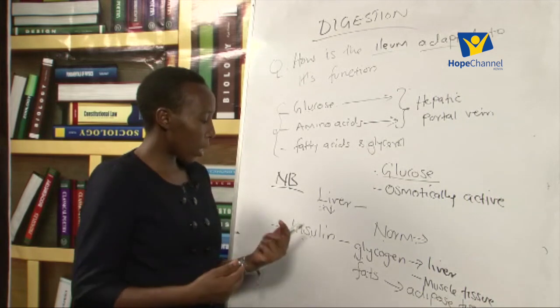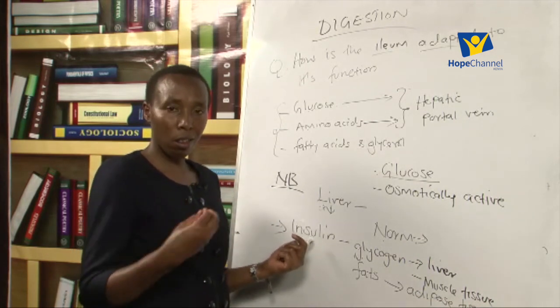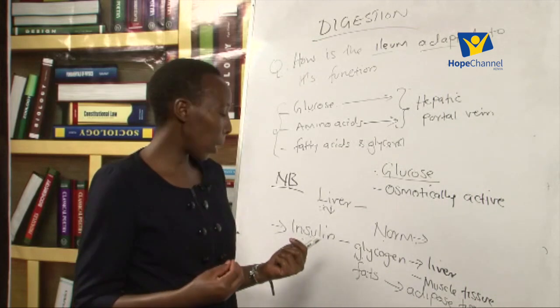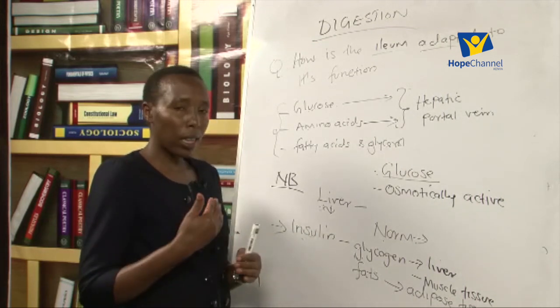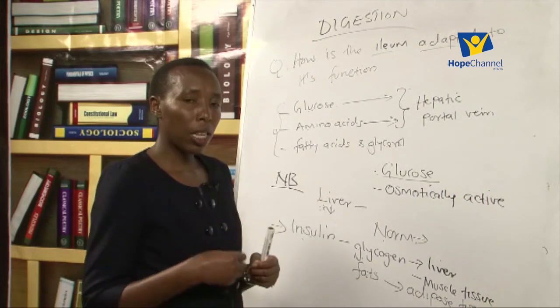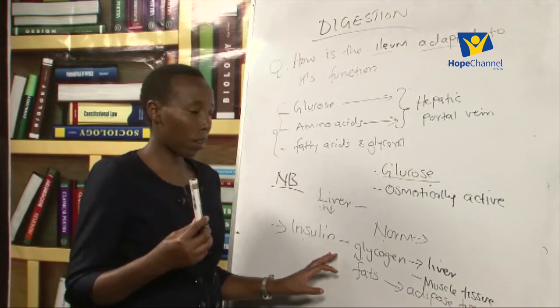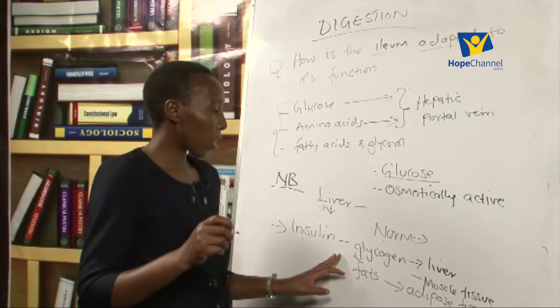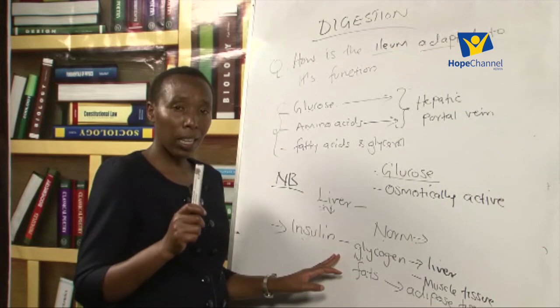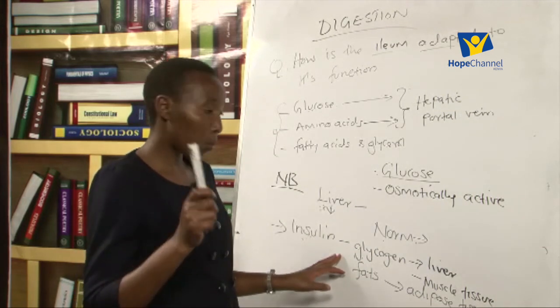And then you realize that insulin also increases the rate of oxidation. What does that mean? It means that the rate at which glucose is broken down to give us energy increases. This is a process that we had discussed when we were discussing the role of the liver in osmoregulation, that is in Form 2 work.